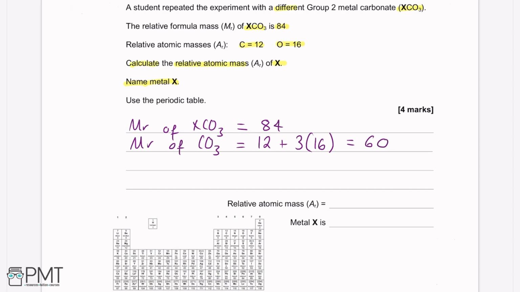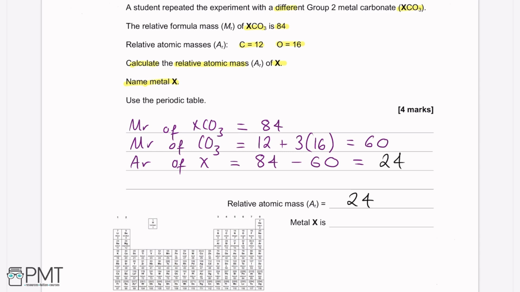Therefore, we can now work out the relative atomic mass of metal X by working out the difference. So by doing 84 take away 60, and that gets us 24.